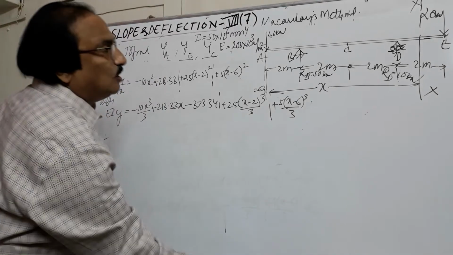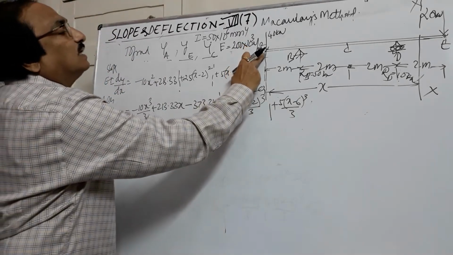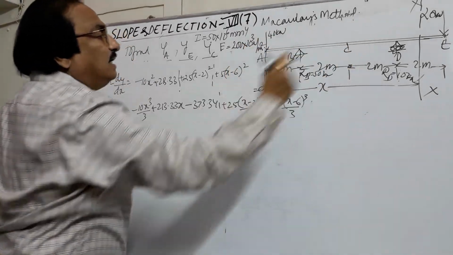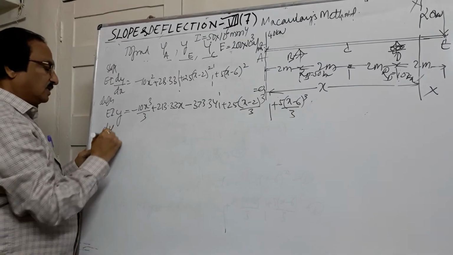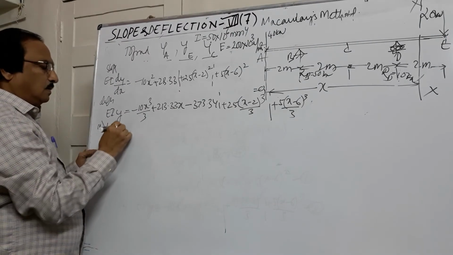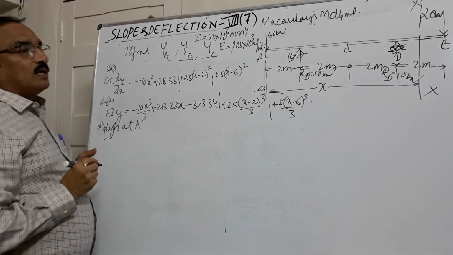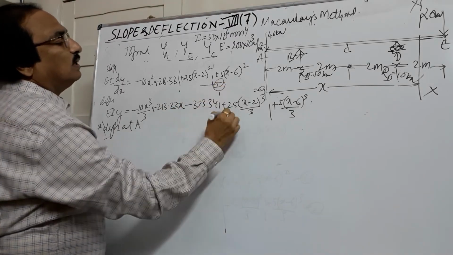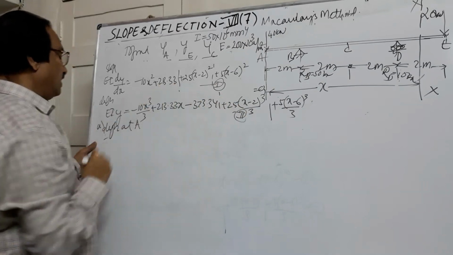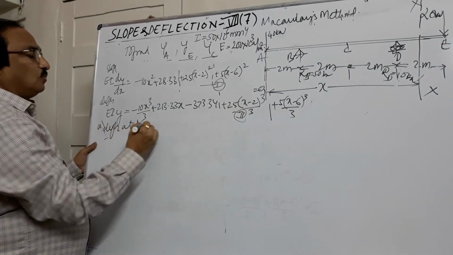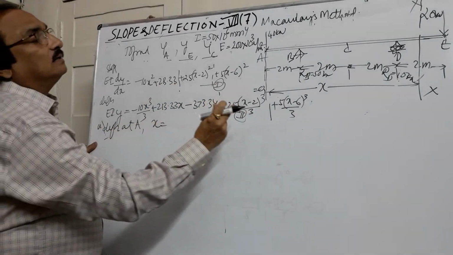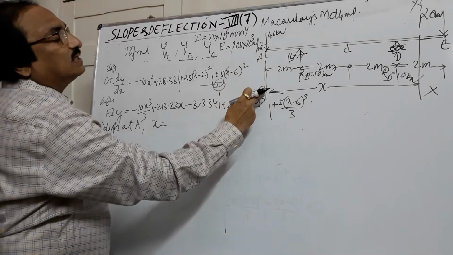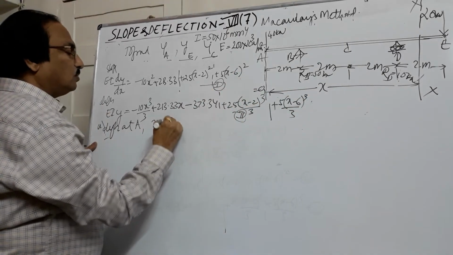So in this problem you have been asked to find out deflection at A, C and E. Let us go for deflection at A. Let us call this equation Roman 1, this is Roman 2. Deflection at A means what will be the value of y at A? We are measuring x from here, so x will be equal to 0.